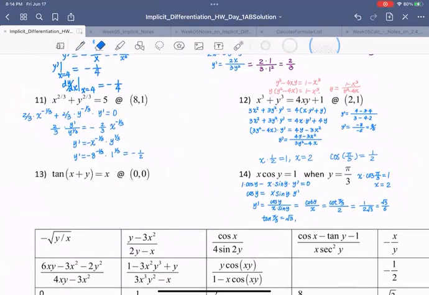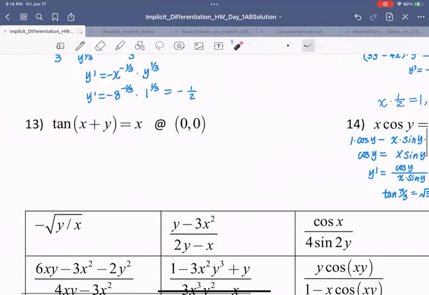Number 13. Ryan, try this one. Go ahead. I don't remember the identity to separate out the 10xy. Do we need to do that? We do the chain rule. You use this formula first.